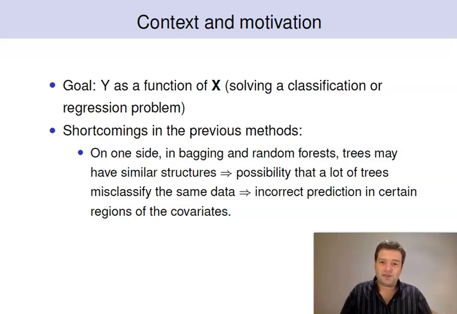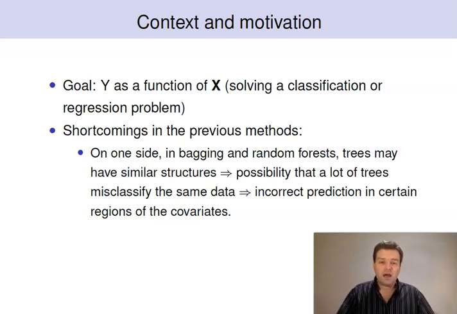One of the shortcomings is to say, okay, bagging, for random forests, most of the time we have already talked about that. The trees may have similar structures. The same variables are often chosen. That makes it possible that we have misclassified data, for example, in a classification problem, which are repeated in several trees.